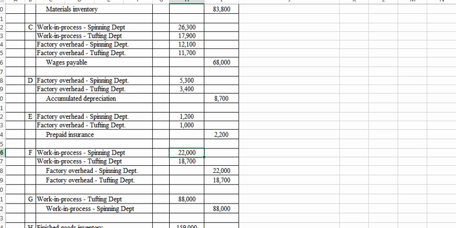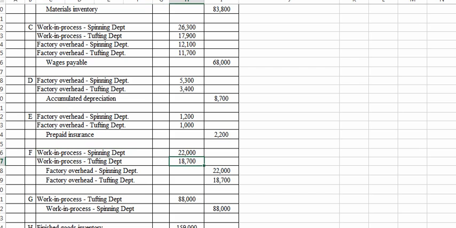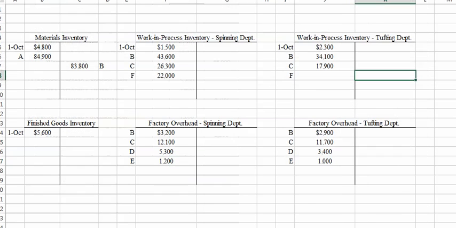Then we'll move to F. We debit work in process for the spinning department, $22,000. We're also going to debit work in process for the tufting department on F for $18,700.